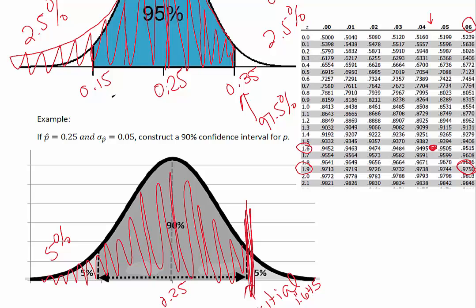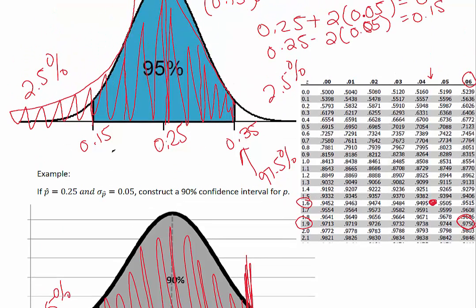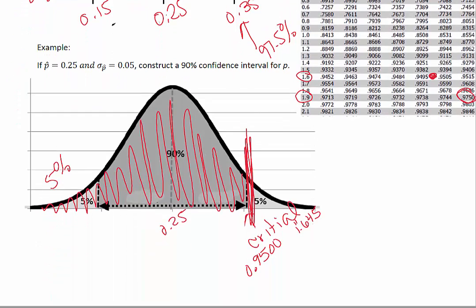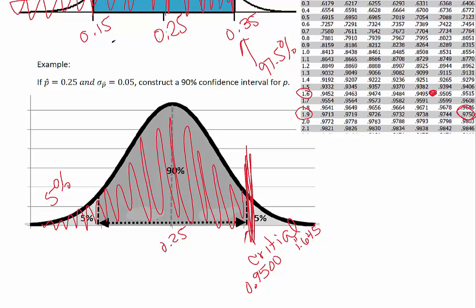Let's think about what we did above for our formula. We took this statistic and we took this critical value and multiplied it by the standard deviation of the statistic. So we're going to do the same thing for this question.